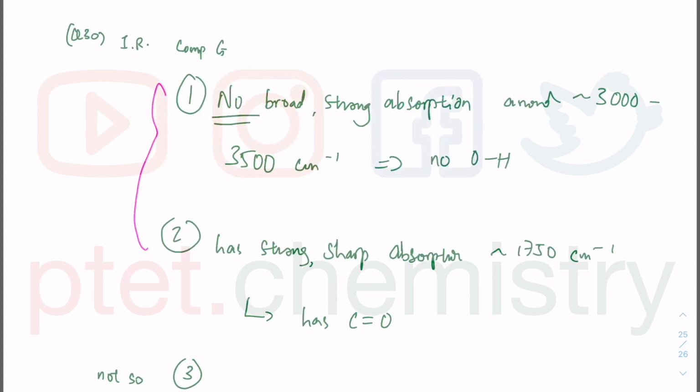So if you look at option A, it is out because you have CH3COCH2OH, you have OH, so A is out. And you can cross out B because B is a carboxylic acid. B also has OH. This is a carboxylic acid, that is COOH, so B is out because we just said no OH.